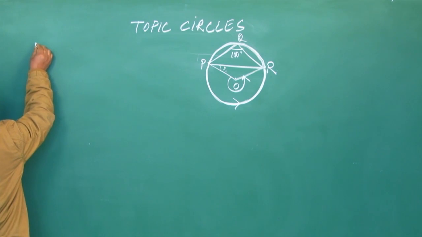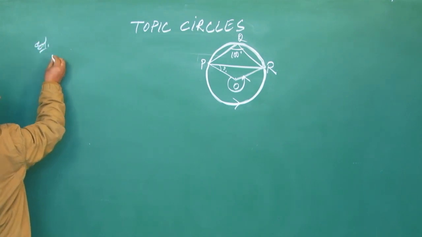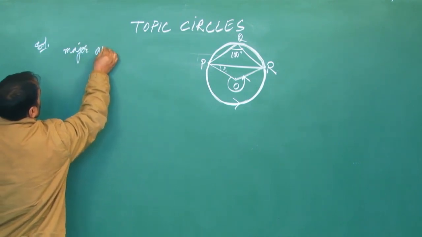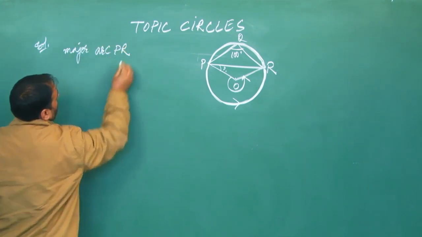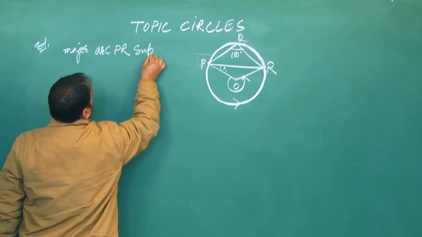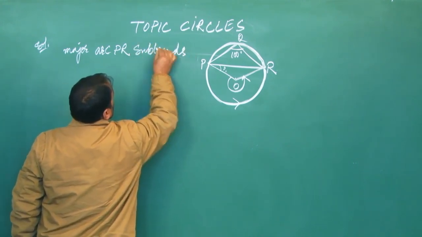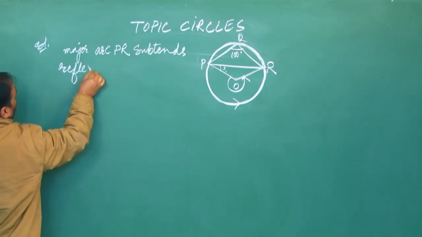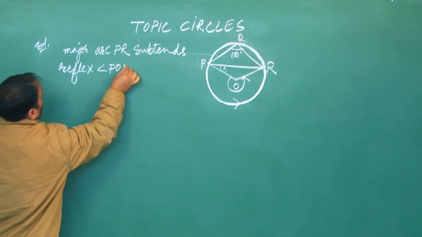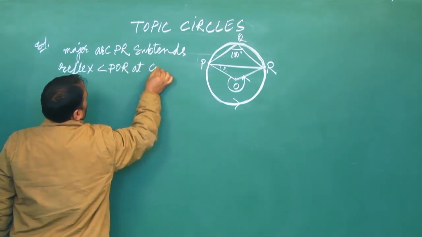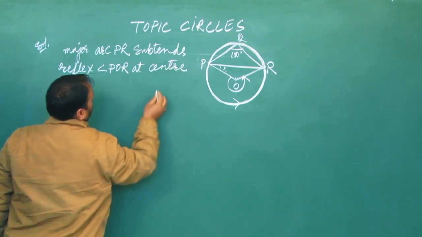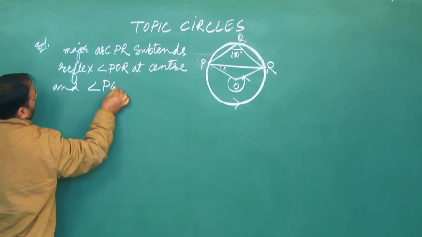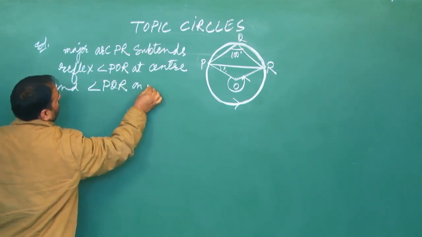So, when we solve this question, we write that major arc PR subtends reflex angle POR at center and angle PQR on remaining part of the circle.